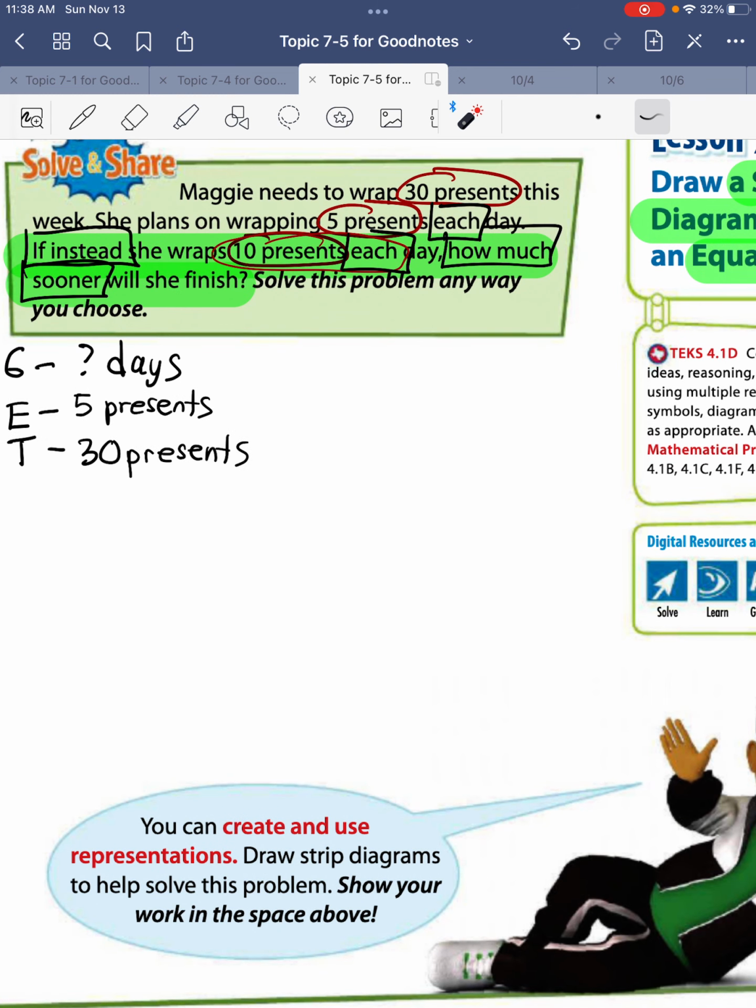So now I'm going to do my strip diagram. You're always going to have your total on the top. So this is my 30 presents. And it says she's planning on wrapping 5 presents each day. So I'm going to make 5 boxes.